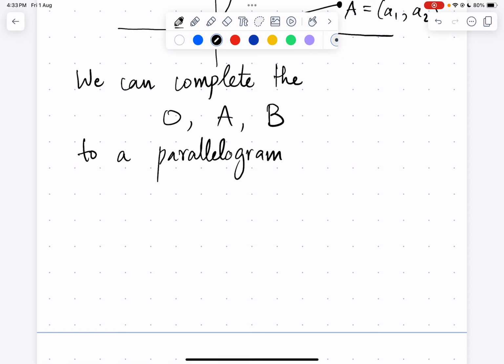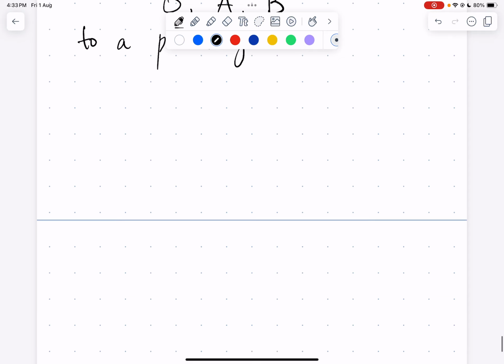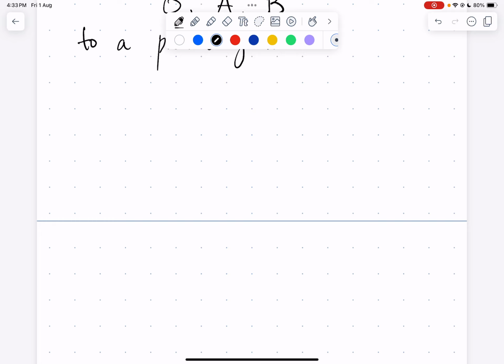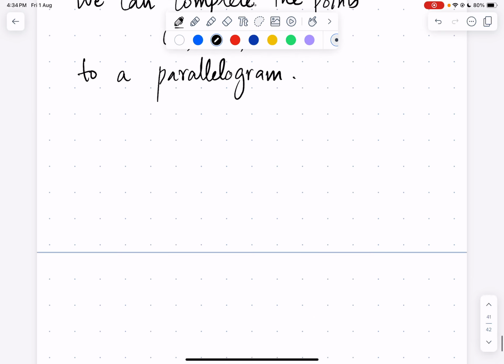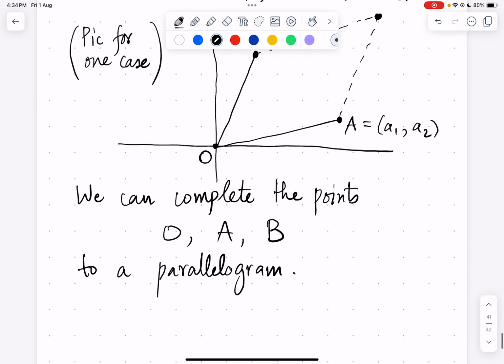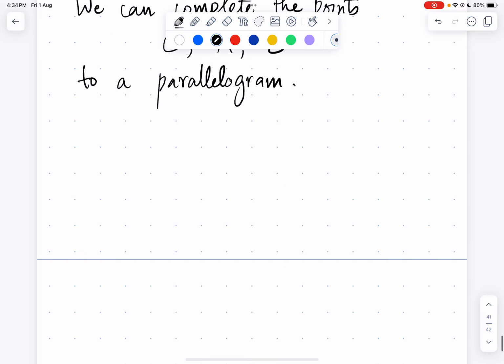So we can complete the points OAB to a parallelogram, and completing a parallelogram will give a fourth point. So what is this fourth point? It turns out the fourth point is just the sum. So we'll see how.